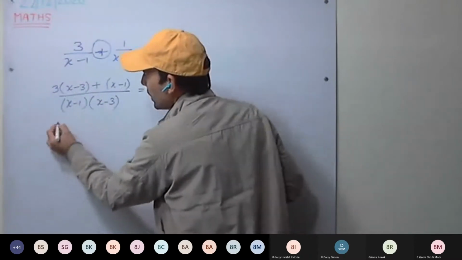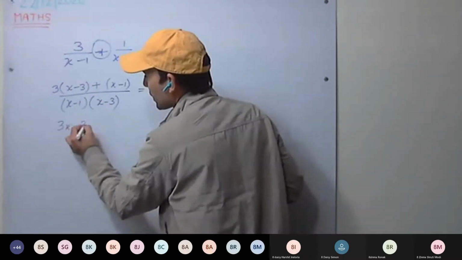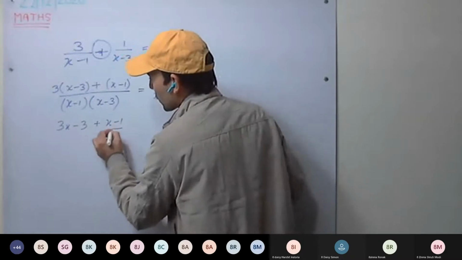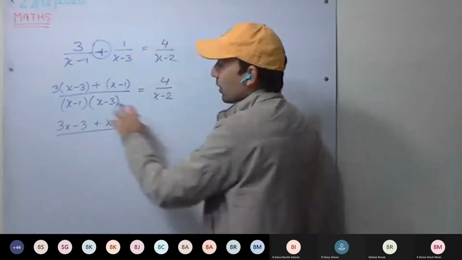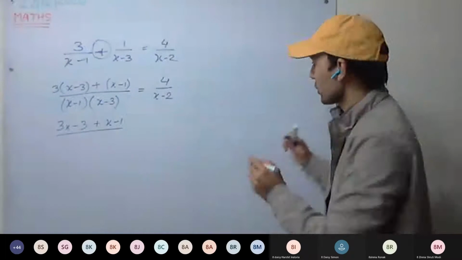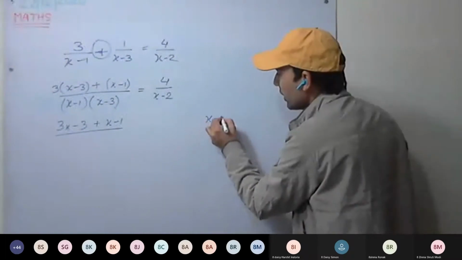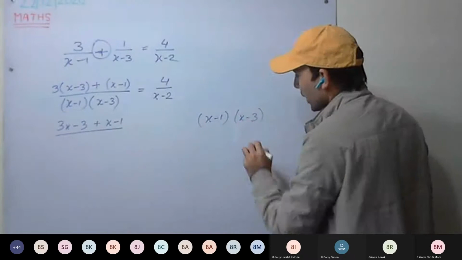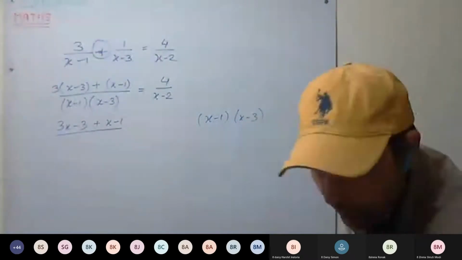How much will it be? 3x minus 3, we open the bracket, plus x minus 1, upon the product x minus 1 into x minus 3. How do we have to multiply?